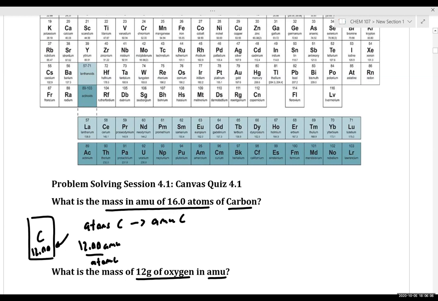Now, with that established, we can take the atoms of carbon and calculate the AMUs.